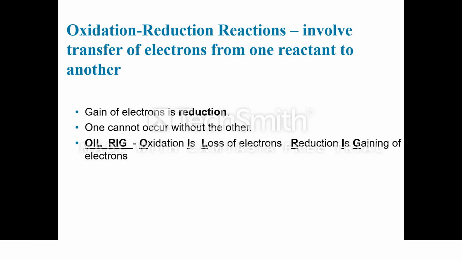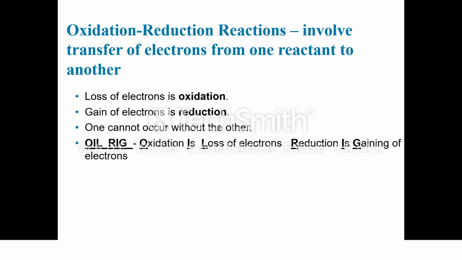What we need to do first is define oxidation and define reduction. Oxidation can be defined as the loss of electrons by a substance, where reduction is the gain of electrons by a substance. You may have heard the term OIL RIG.